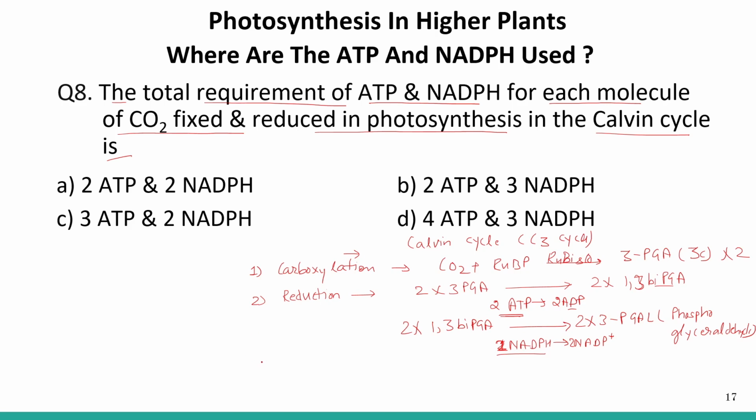Now third is the regeneration phase. What happens during the regeneration phase? RUBP is generated again, and 1 ATP is utilized here during the formation of RUBP.